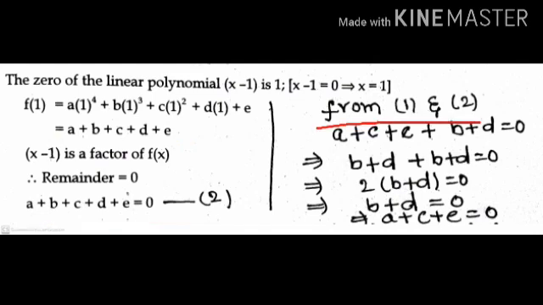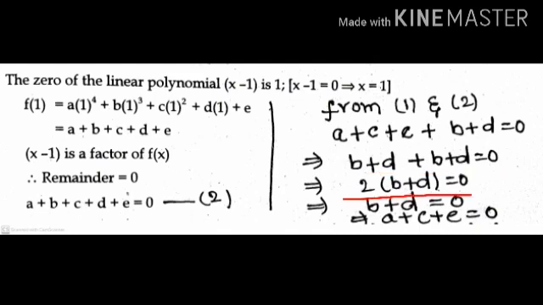From 1 and 2, a + c + e + b + d = 0. It is from 2. That implies instead of a + c + e, we can substitute b + d, since from 1 it is b + d. So that is equal to 0. Here on the left side add the like terms: b + b = 2b, d + d = 2d, and separate the 2.